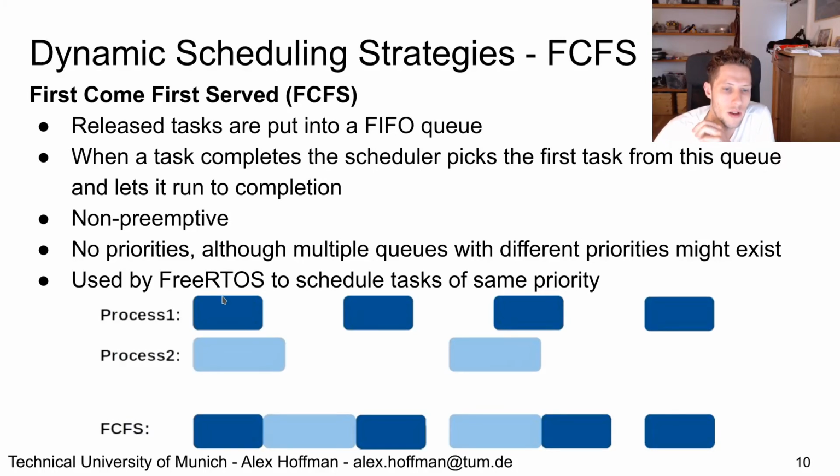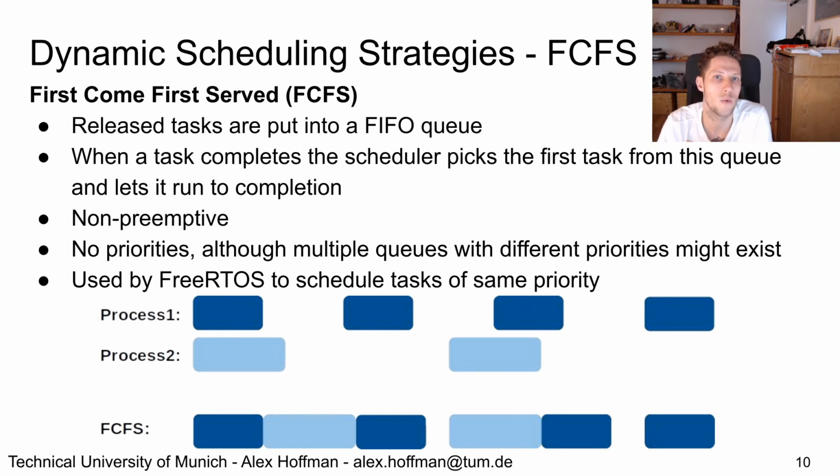Now, just to go through this example a little bit, and also to clear up some confusion about non-preemptive. When we're talking about non-preemptive, we're talking about inside of each queue, meaning that the next task in the queue can't interrupt the task that was popped off the end of the queue and is currently executing. But in FreeRTOS, the scheduler is preemptive, which means that a higher priority queue can interrupt a lower priority queue of tasks.